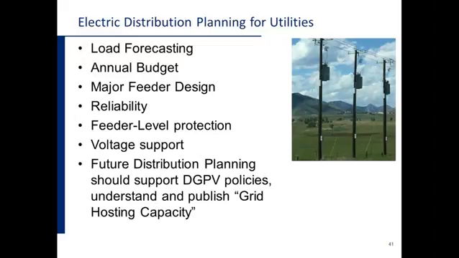But the last bullet here is more germane to what we've been talking about with distributed generation, and that is utilities are beginning to plan their system to support distributed generation, especially photovoltaic systems. And they're starting to get a better handle on what the hosting capacity is for photovoltaic systems and other distributed energy resources.